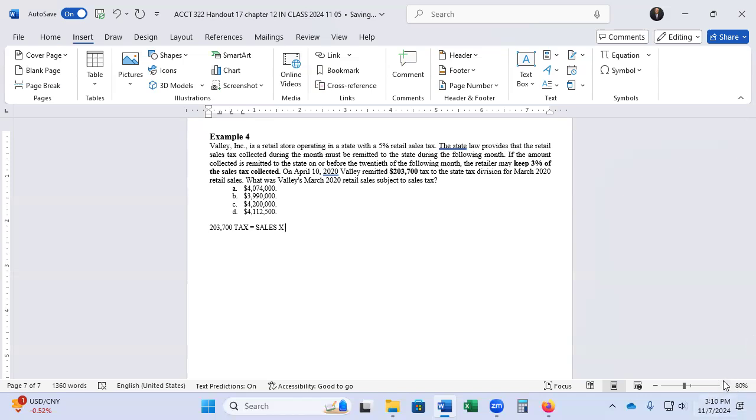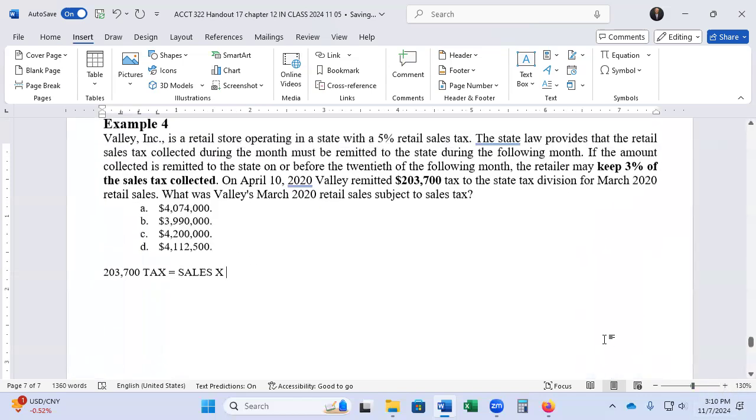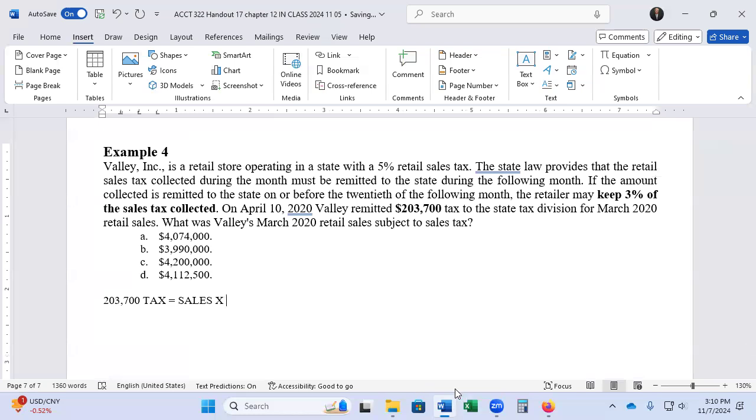That equals our tax collected times 1 minus 0.03, because they only had to remit 97% of it. So we have 203,700 equals tax collected times 0.97.